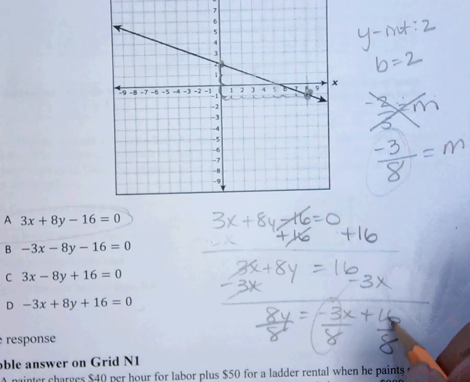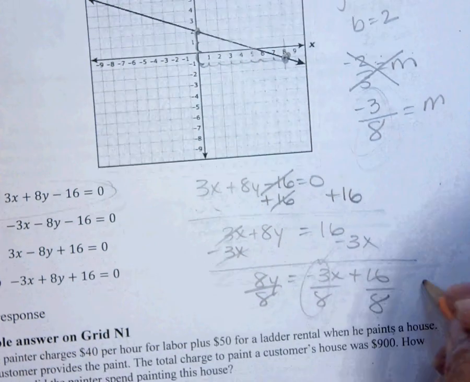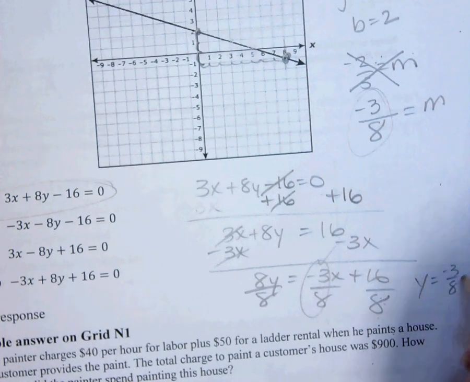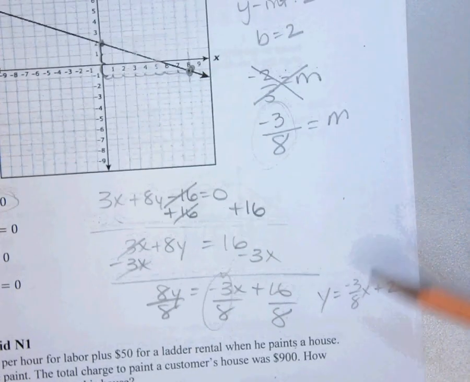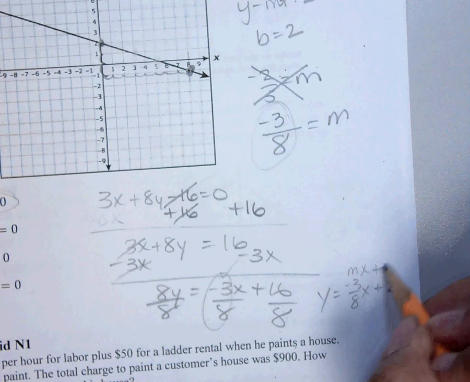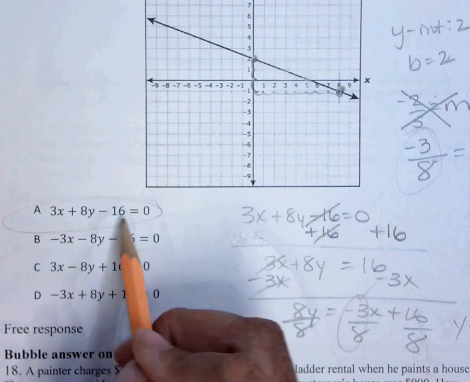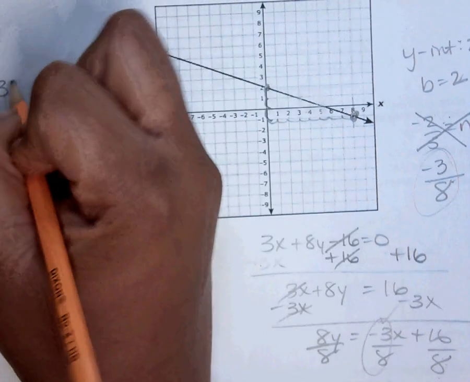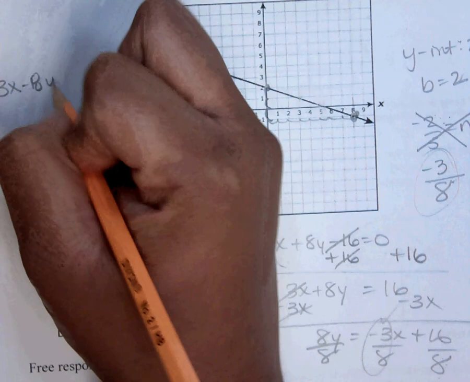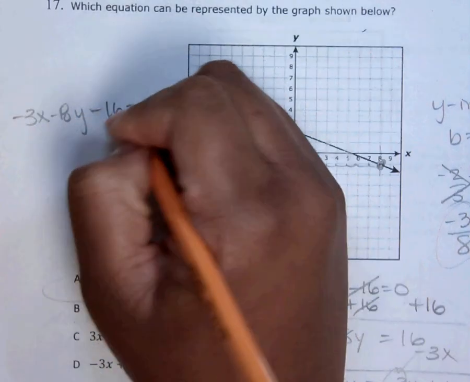Yay! And what is 16 divided by 8? It is 2. So this reduces to negative 3/8x plus 2. Voila! I got lucky. mx plus b. b is 2. m is negative 3/8. The answer is A. How do I know? I can check b and make sure that it's not right. So minus 8y minus 16 equals 0.